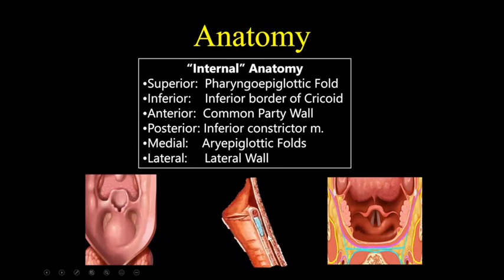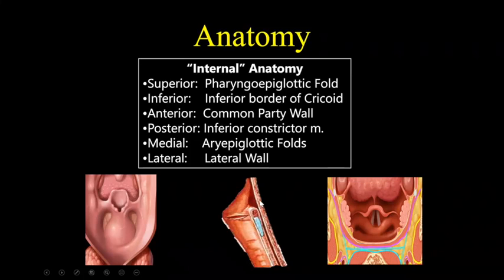The inferior border of the hypopharynx is formed by the cricoid cartilage. The anterior border of the hypopharynx is formed by this wall right here, which is referred to as the common party wall. And this term party wall is essentially used to define a wall that separates two different buildings or two different residences, etc. So this party wall separates two different areas, the hypopharynx from the larynx.